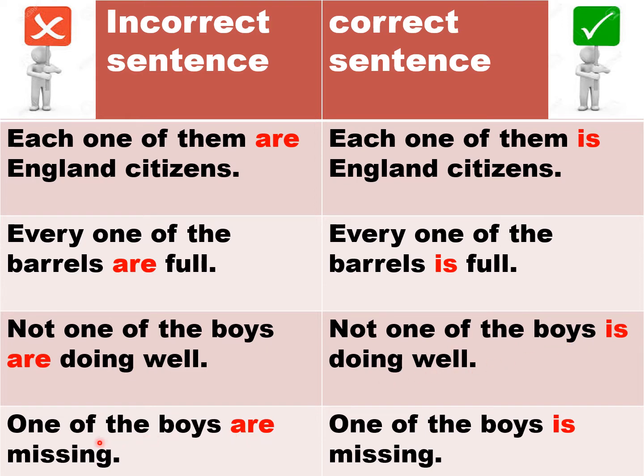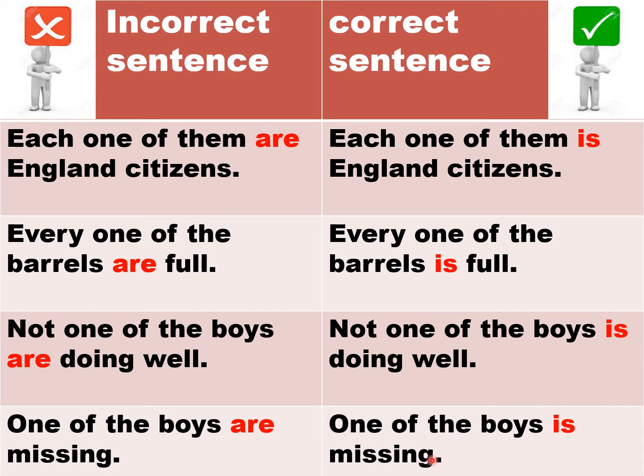When coming to the next sentence, one of the boys are missing. One of the boys, okay, this is correct. When we see one of, the next word must be in plural. So this is correct. But the verb must be in singular form. So instead of are, we must use the singular verb is.